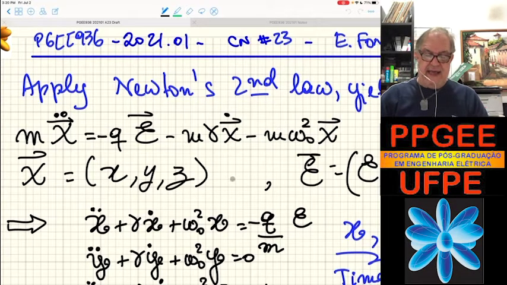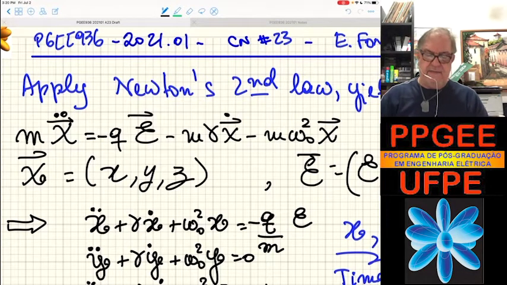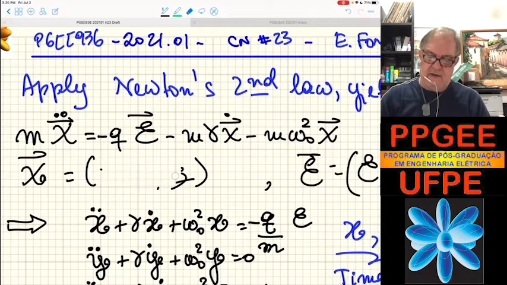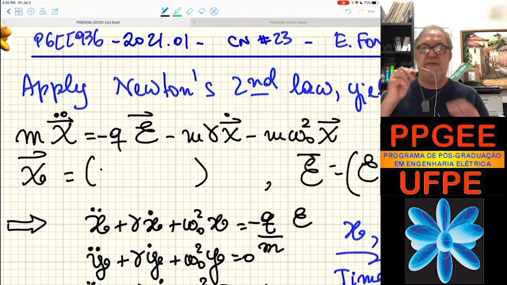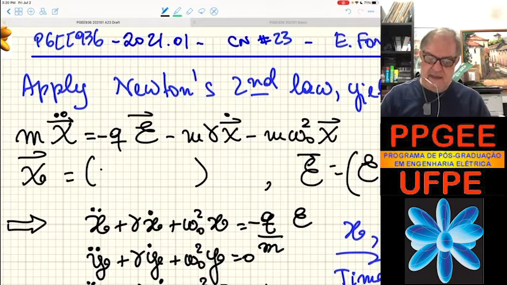Let's assume that X has 3 components: X, Y, and Z. In fact, those are curly. Let me just improve this according to our notation here. These are curly symbols because they are rounded symbols, since we are talking about time-varying quantities.